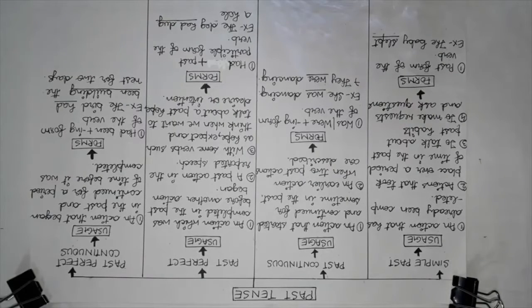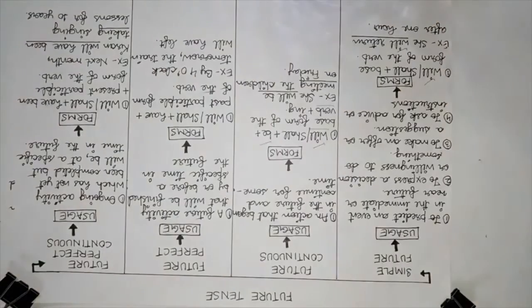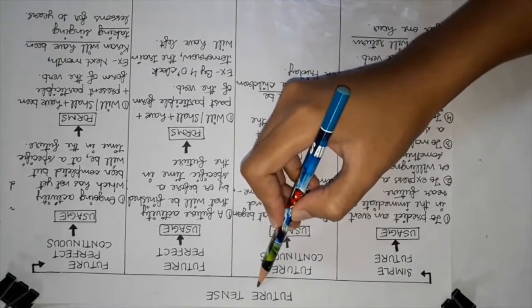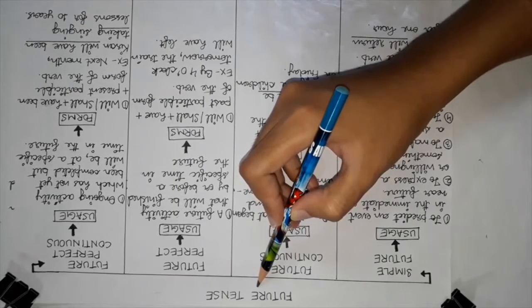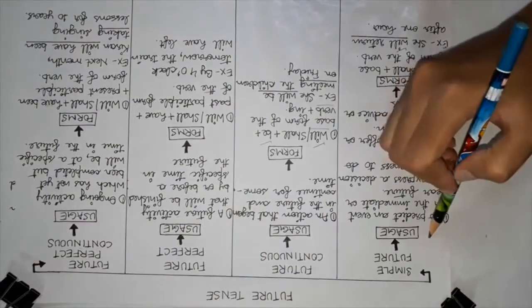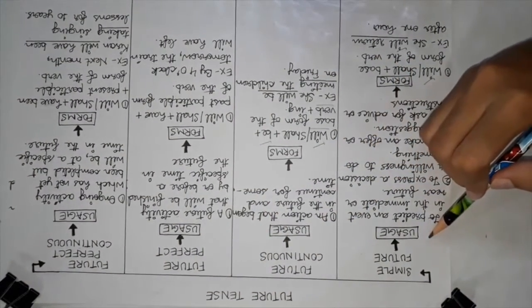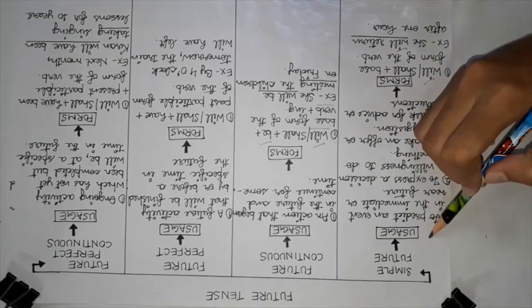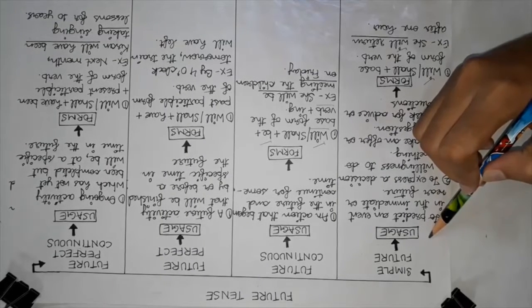Now we are going to discuss the future tense. The future tense of the verb indicates a state, an action or event that happens at a later point of time or in the future. The simple future tense is used to express something that will happen in the future. It is formed by adding will to the base form of the verb.